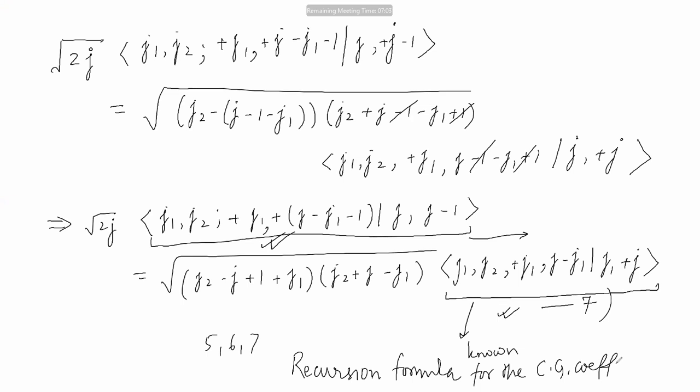I am calling this the recursion formula for the Clebsch-Gordon coefficient. Now the point is, what is the practical use of equations 5, 6 and 7? That I am going to demonstrate.